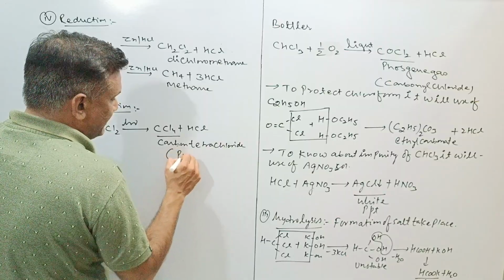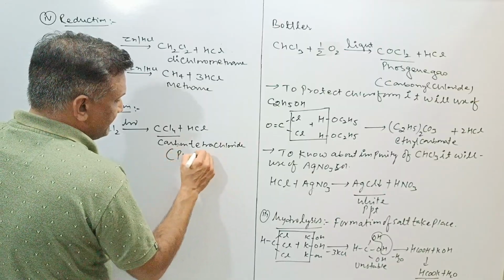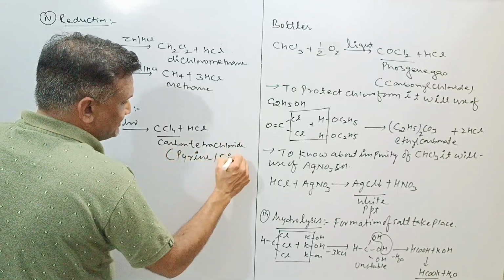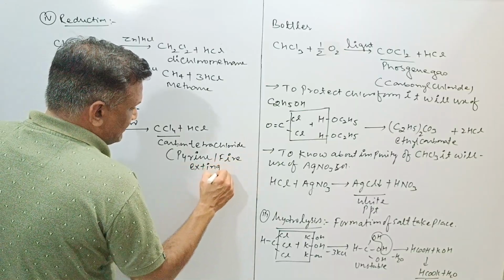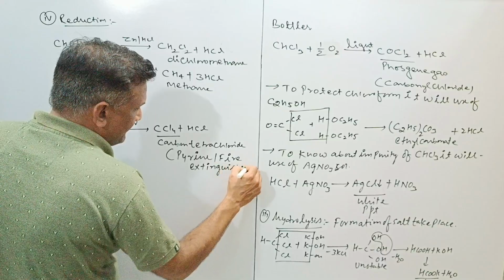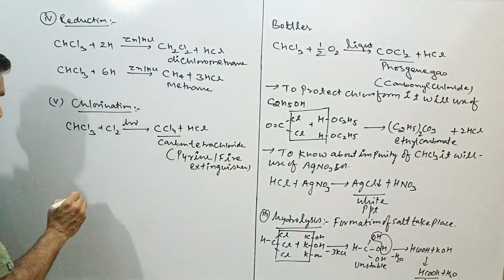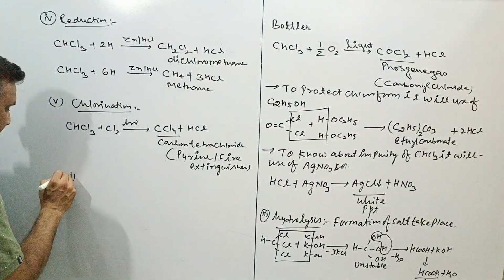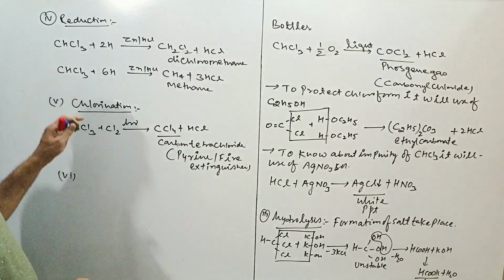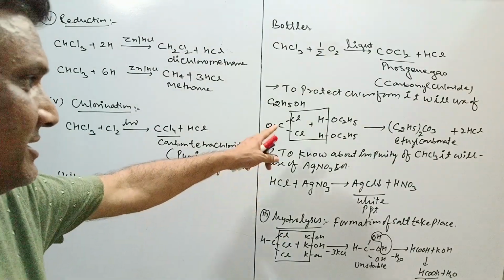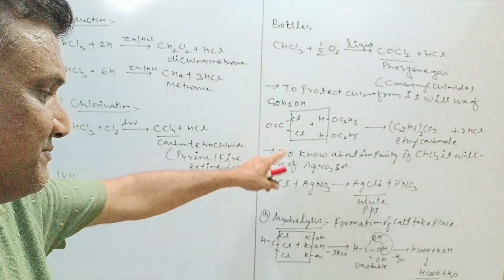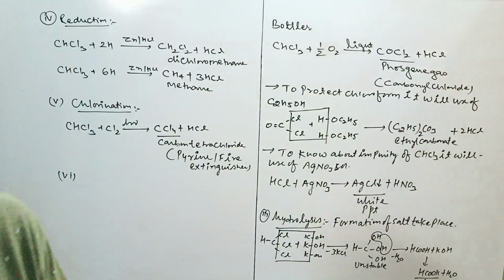It is also known as pyrene because it is used as a fire extinguisher. We use it in the form of a fire extinguisher. So this was about the fourth and fifth property. See the matter properly, and this property is too important. That's why I'm leaving this matter for some seconds.